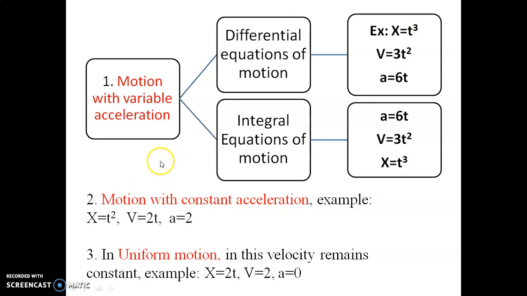I hope you have understood the difference between motion with variable acceleration, motion with constant acceleration, and uniform motion. In the next video, I am going to solve some numerical based on the integral equations of motion.